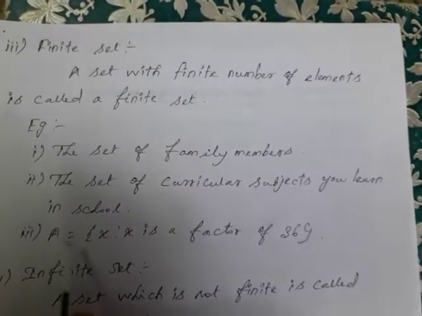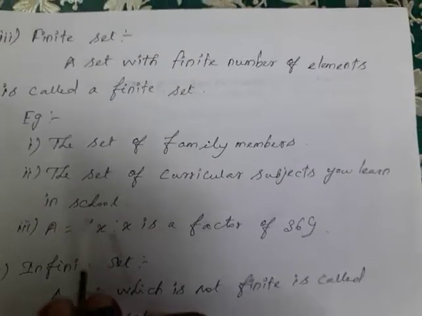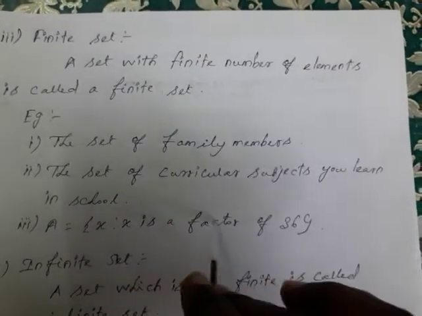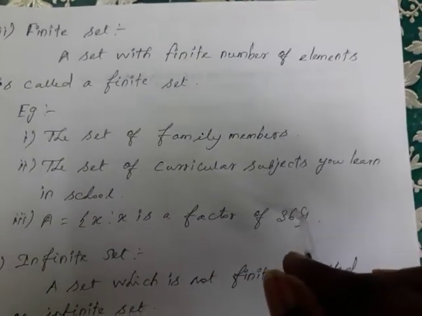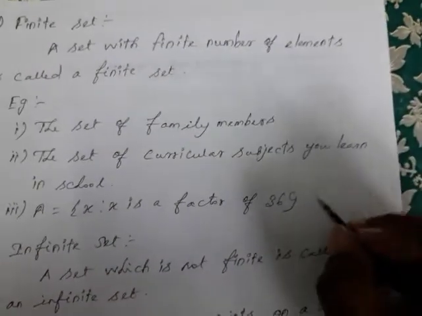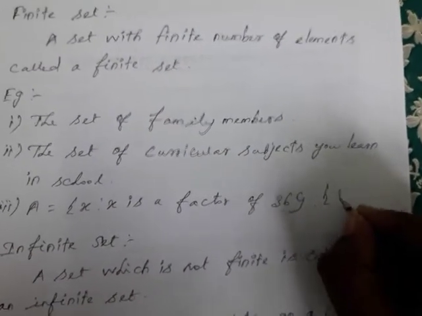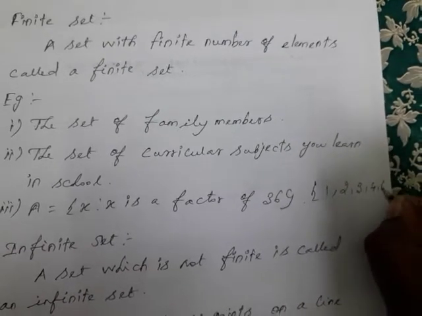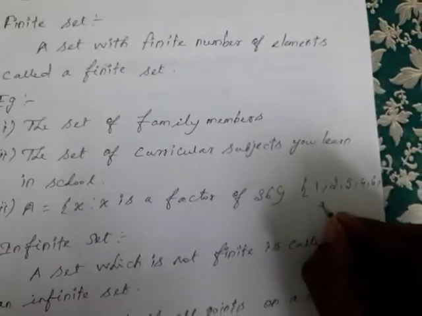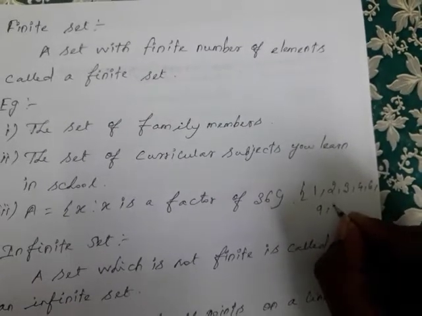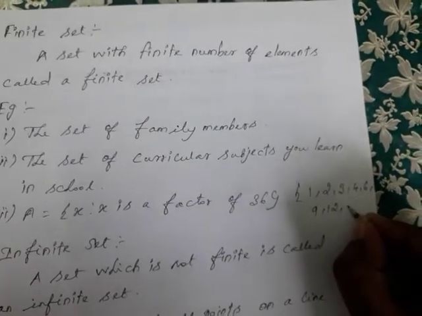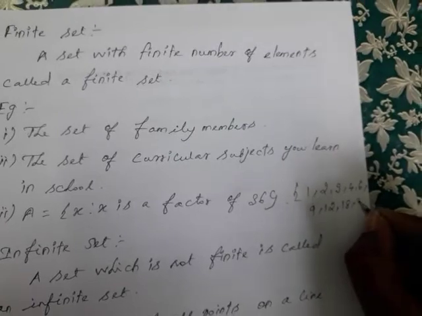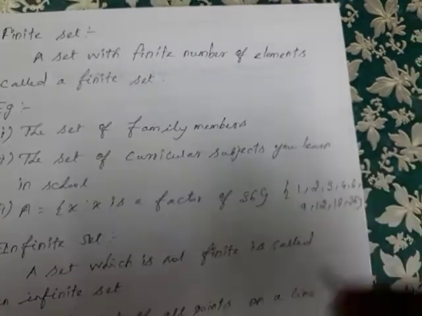The third example: set A is equal to {x such that x is a factor of 36}. Factors of 36 are 1, 2, 3, 4, 6, 9, 12, 18, 36.